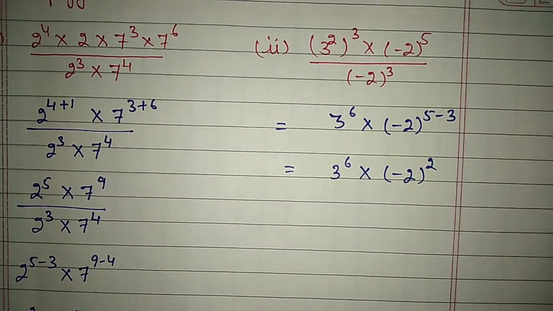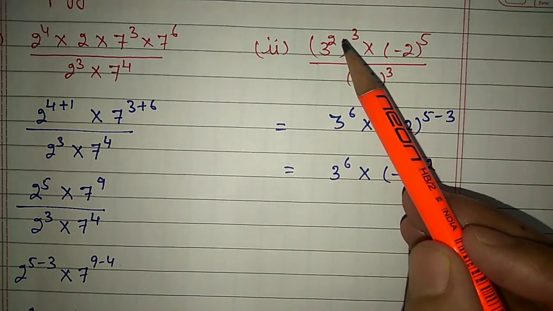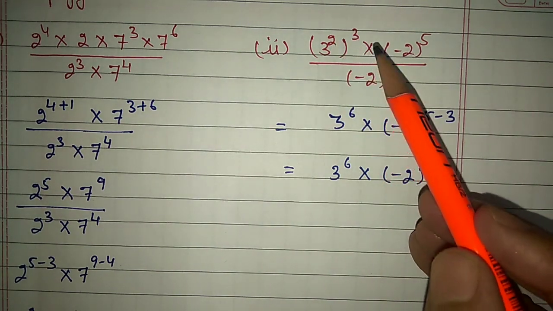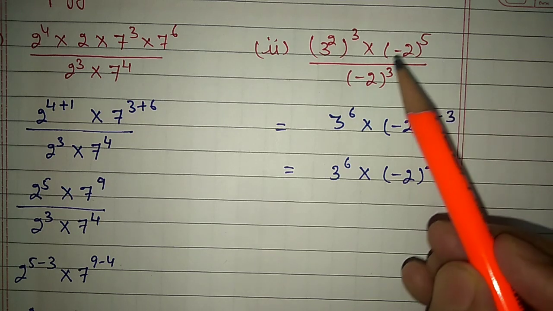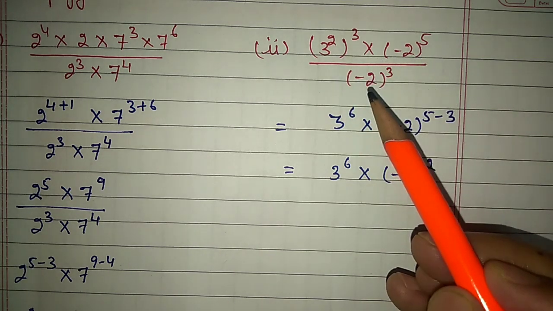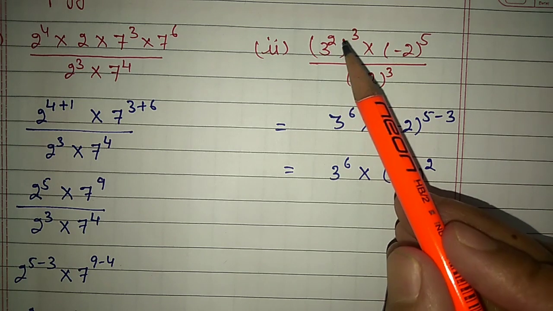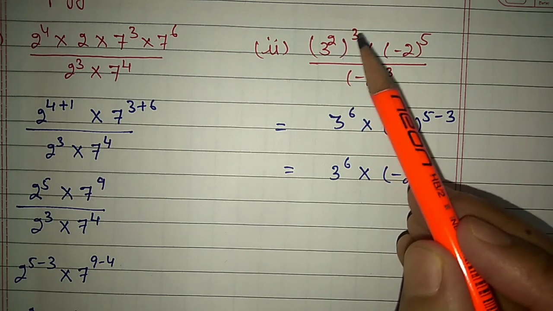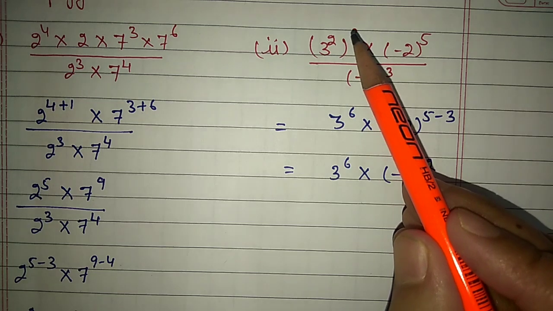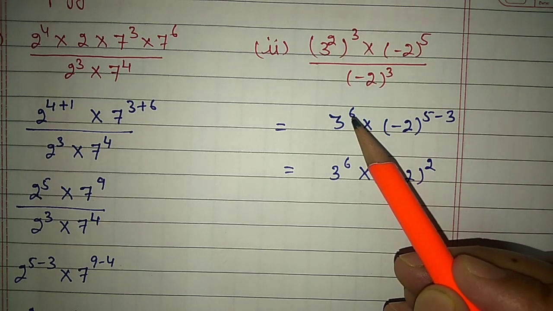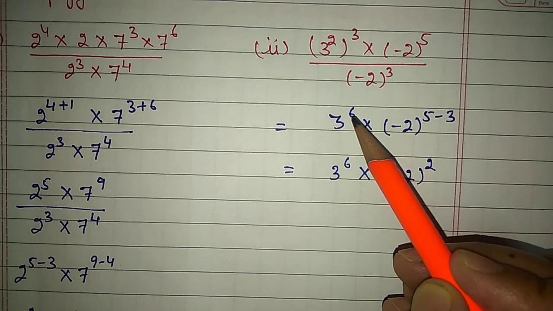Second part: 3 to the power 2 whole to the power 3 multiplied by minus 2 to the power 5, divided by minus 2 to the power 3. First we will see 3 to the power 2 whole to the power 3. Power to the power means we have to multiply, so it will become 3 to the power 6.